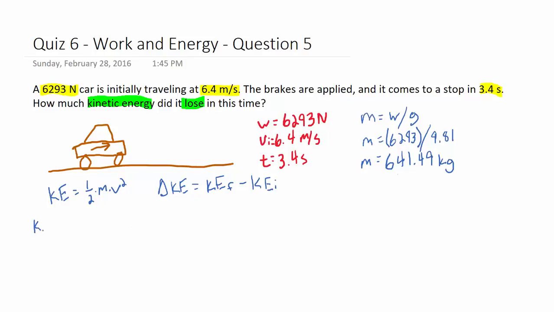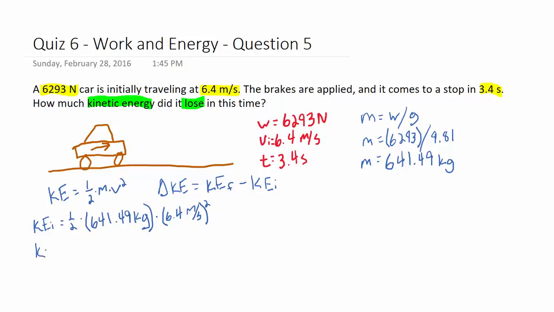So K initial equals 1/2 times the mass, which is 641.49 kilograms, times the initial velocity, 6.4 meters per second, squared.